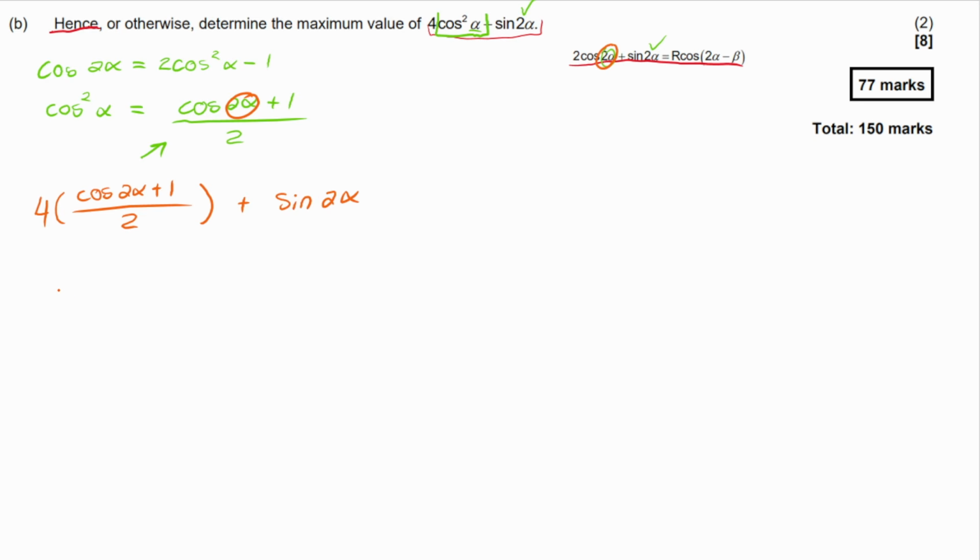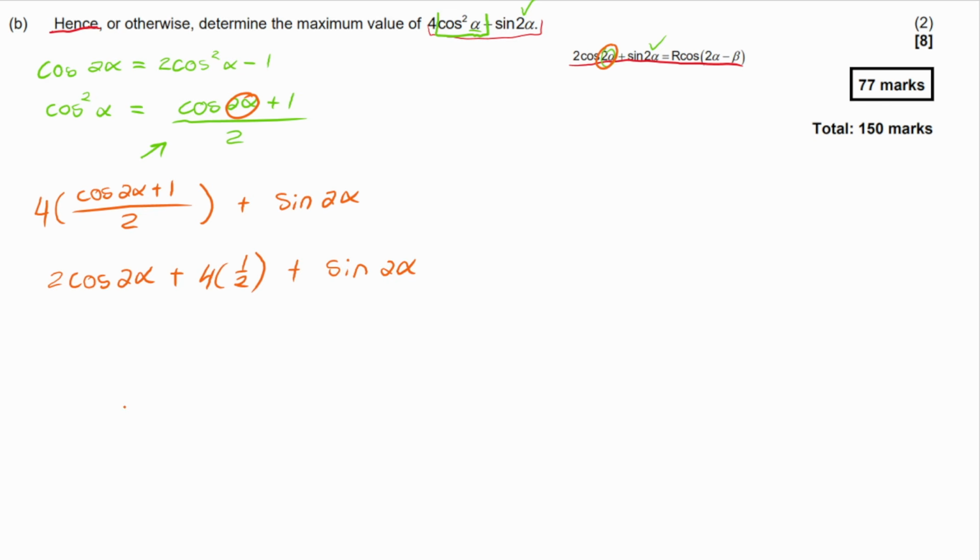And if we roll with that, those will cancel, and we're going to be getting 2 cos 2 alpha plus, this ends up being 4 times 1 over 2, plus sine 2 alpha.